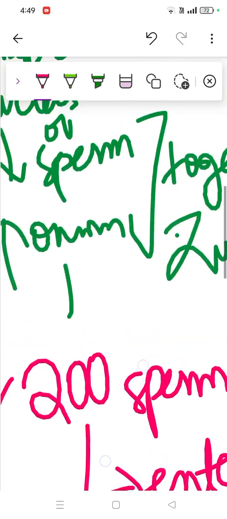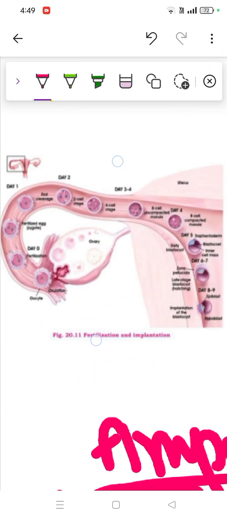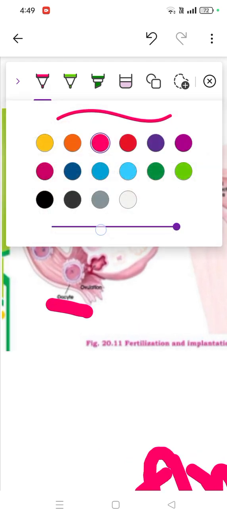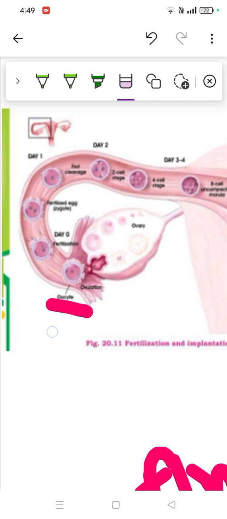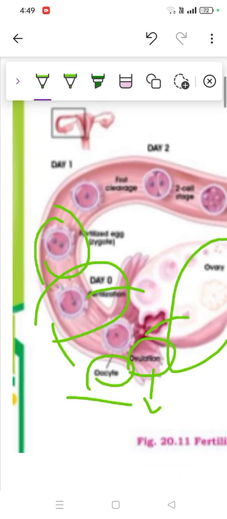Here I have a picture. I'm not sure it's clear. You'll see so many things. This is the ovary, here ovulation is happening, the oocyte is here, and on day one fertilization takes place. Here is the fertilized egg, the zygote, which will go to the second part.